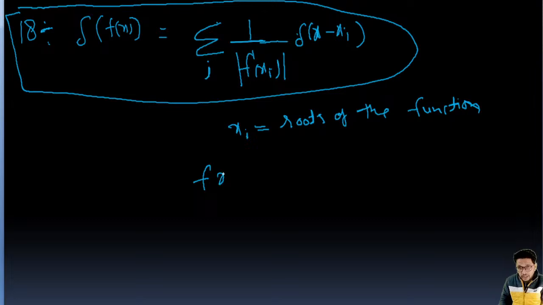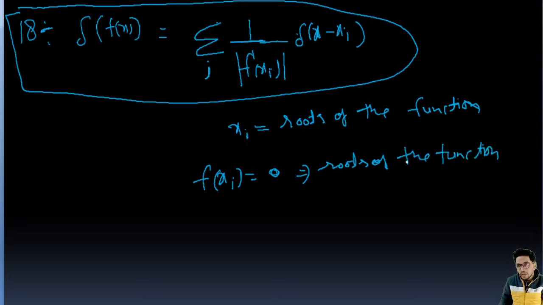For finding the roots, we put f(xi) equal to 0 and find the values of xi. If we put f(xi) equal to 0, this will give the roots of the function. I will solve questions using this property, then it will be clearer to you. So now we'll solve some questions.